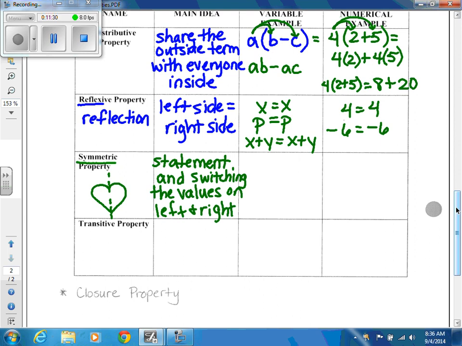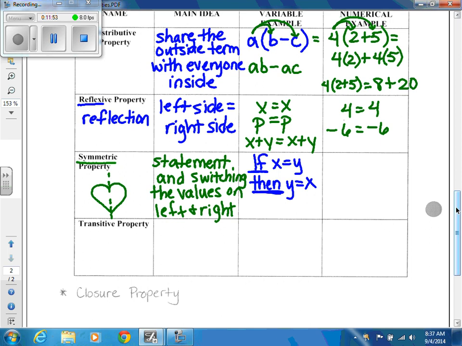Now the nice thing about this one is there are some words involved that you will always see. So when you start seeing these words, you have a big clue right away that you're at the symmetric property. Right, so the first one I'm going to show you is a variable example. For instance, if I tell you x equals y, then y has to equal x. Notice that it has the word if and the word then.